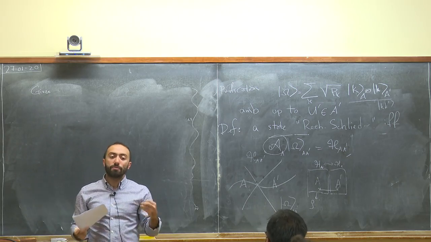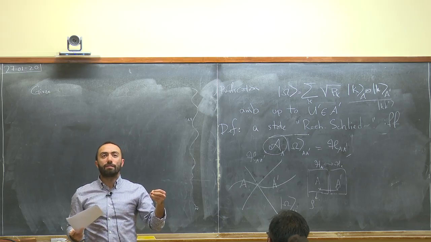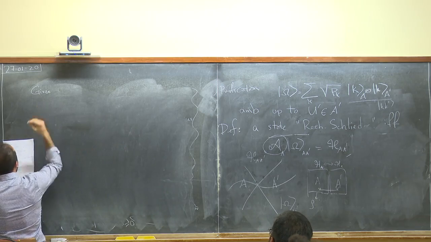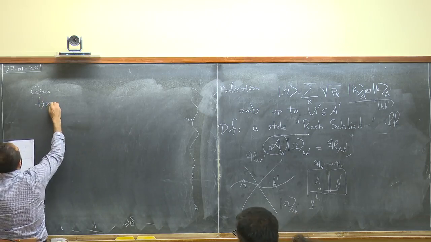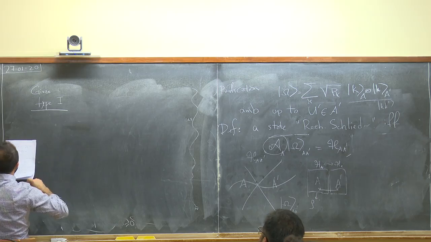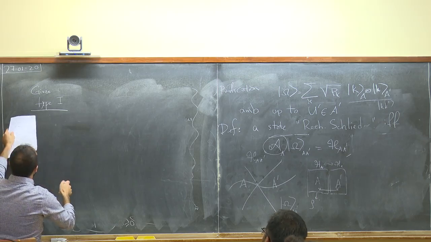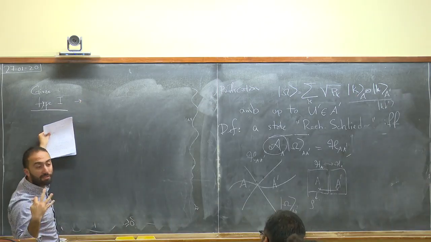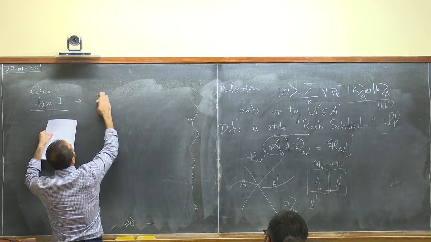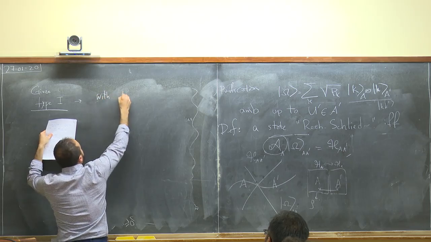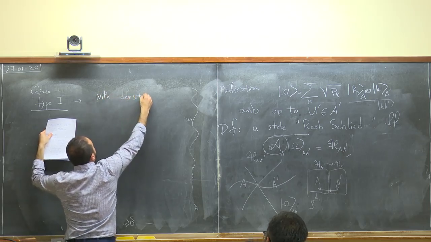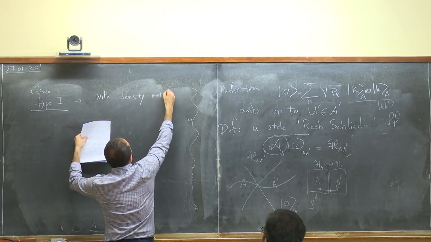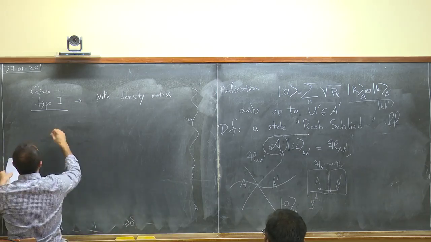It's because of a theorem that von Neumann and Stone proved, that for a class of systems that I'll define later, called type 1, that includes all the systems with density matrices, the following statement is true.